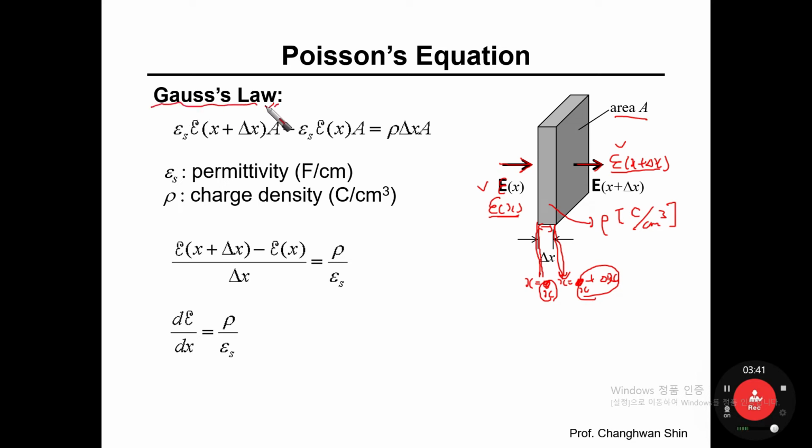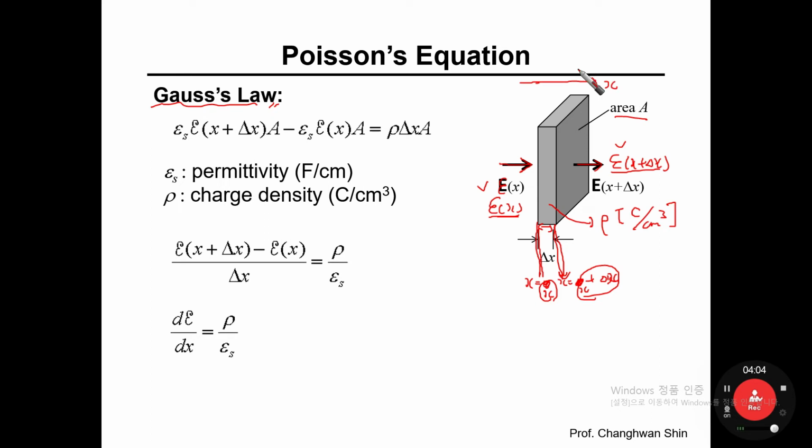As you have learned in the undergraduate electromagnetics class, in Korean 전자기학, you may have had a chance to learn the details of Gauss's law. Herein, let me briefly review what Gauss's law is. So now let's talk about one-dimensional space only.